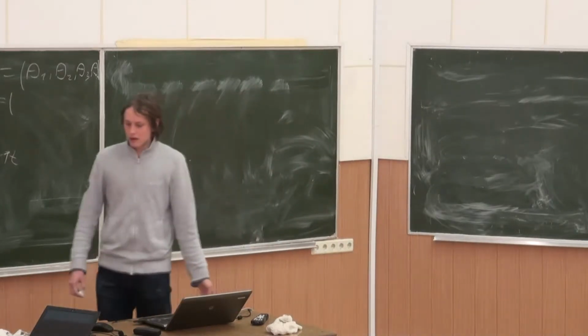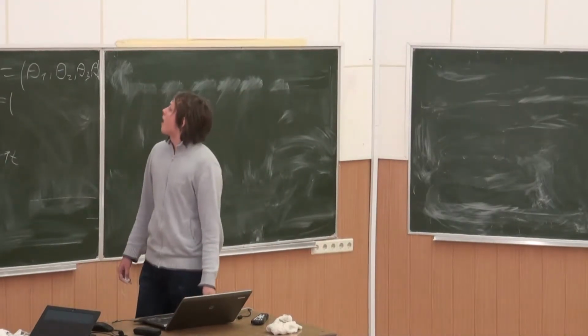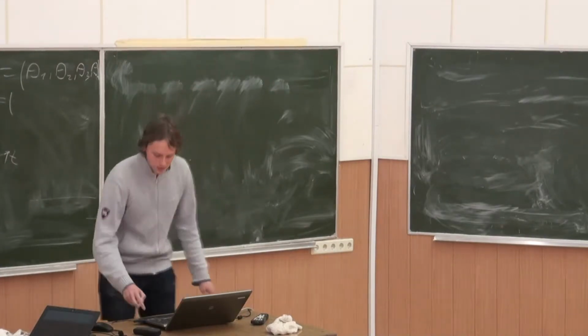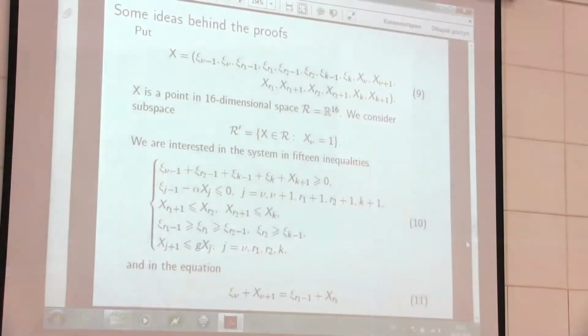And now I'm going to tell something about the proofs of our results. We consider a 16-dimensional space. I'll tell you later why. And we consider the system of 15 inequalities. What do these inequalities mean?